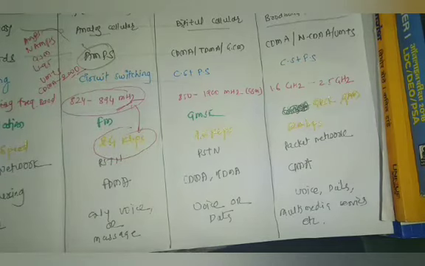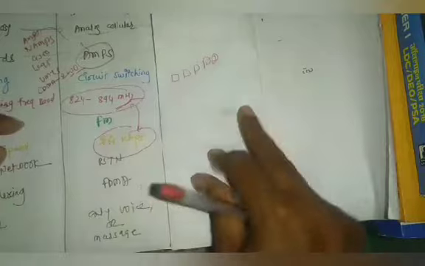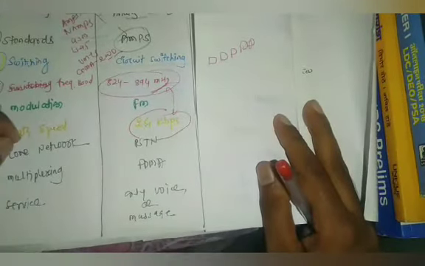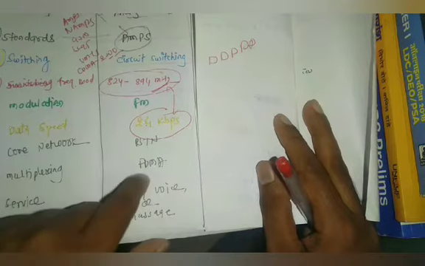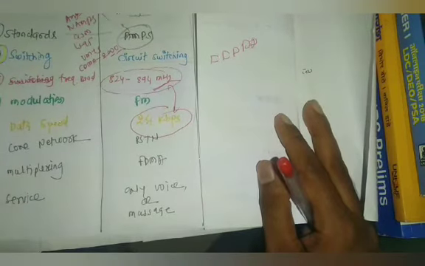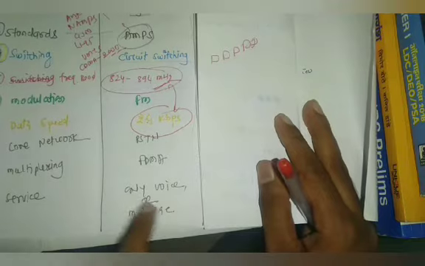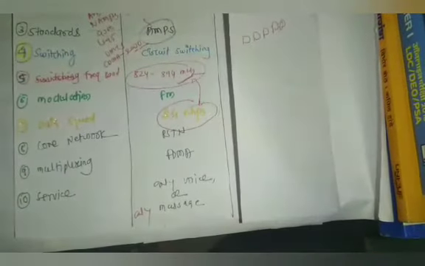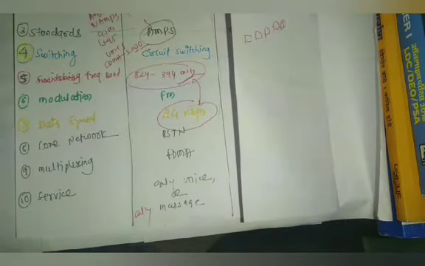Then core network: 1G uses the public switched telephone network. It is also a sentence. Then multiplexing: it uses frequency division multiple access. Another important service: it uses only voice or only message. So this is your 1G.